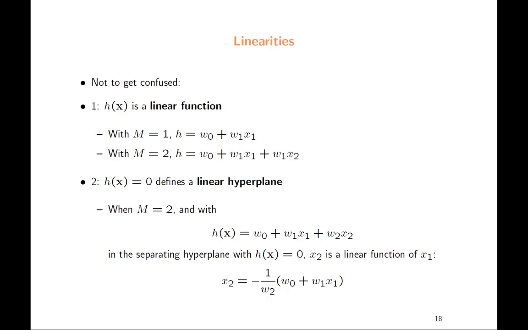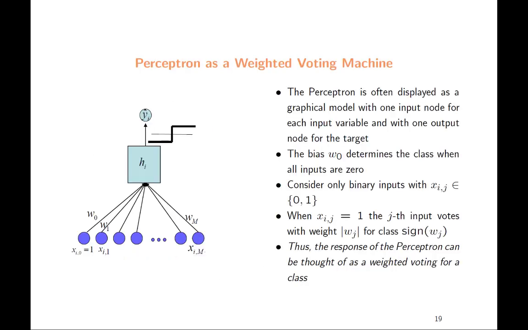If you set h of x to 0, then the hyperplane is also defined in 2 dimensions by a linear line, or one-dimensional manifold. If you set w naught plus w1x1 plus w2x2 to 0, you get x2 as a function of x1, and graphically it also looks like a linear line. So these are two things which are linear, and sometimes it's a bit confusing. You have to pay attention to what is being talked about.